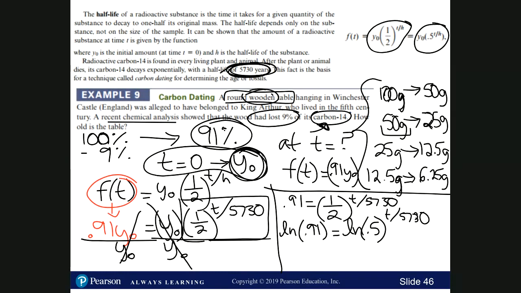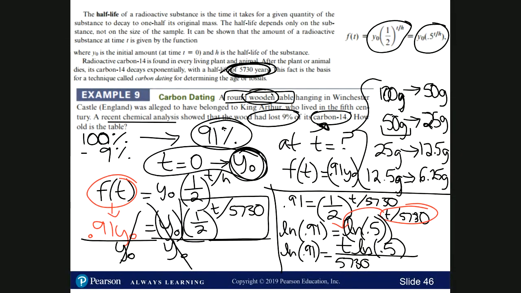I'm going to use the power rule: take that exponent and place it as the coefficient. So now natural log of 0.91 is equal to t over 5,730 times the natural log of 0.5. That natural log of 0.5, I can put right here because it's multiplying.